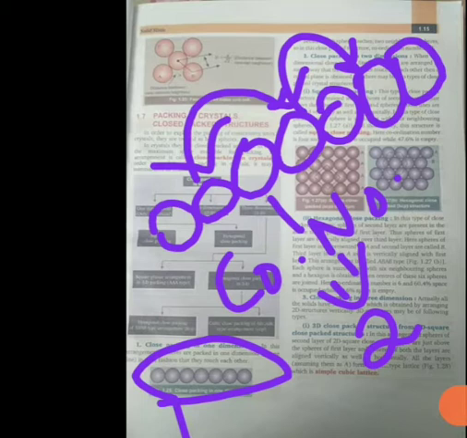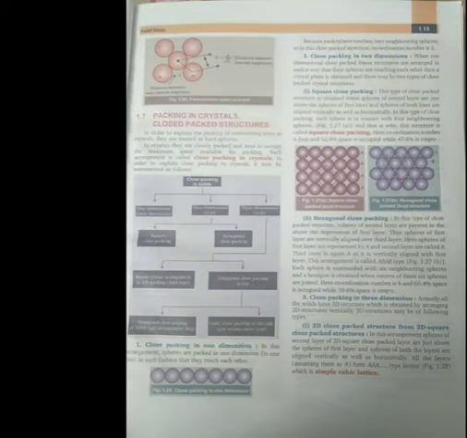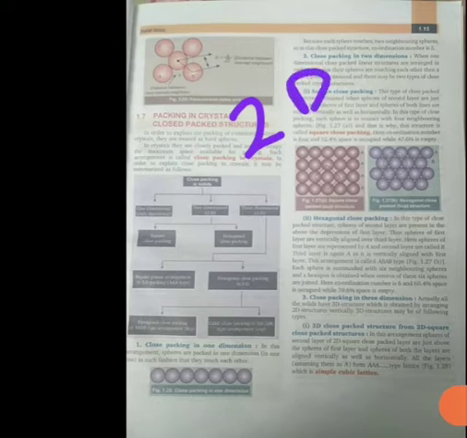Talking about the second, the two-dimensional crystal structure, what we have to remember is that a two-dimensional close packed structure can be generated by placing rows of close packed spheres.